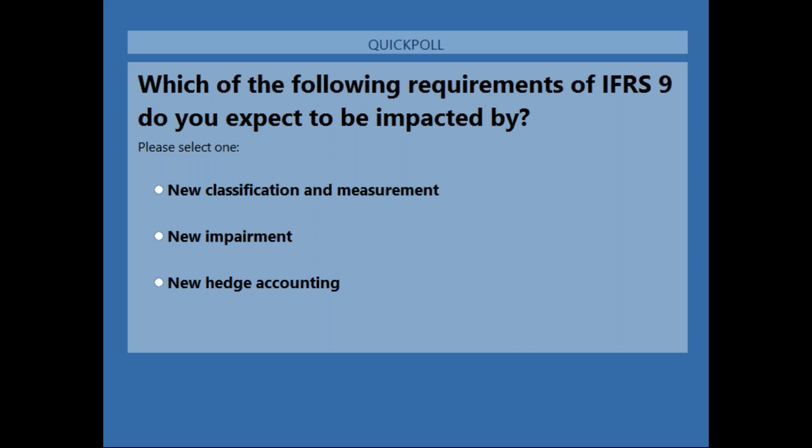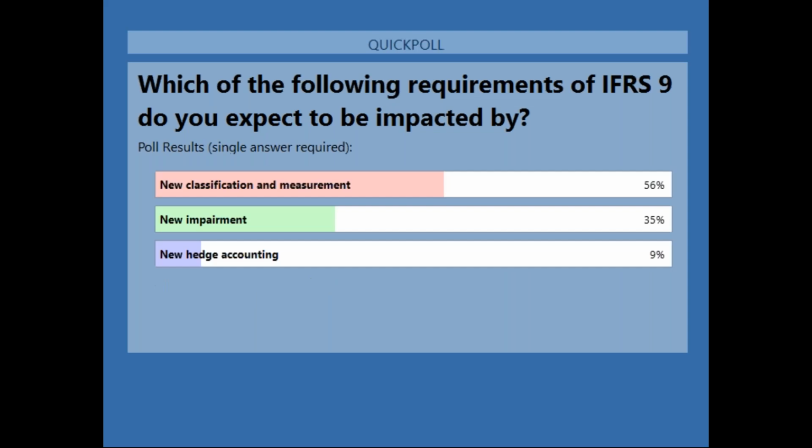So I want to deal with the most common one, which I've hoped for. Otherwise, I've completely missed the boat in my preparation. So there you can see the results: 56% classification and measurement, 35% impairment, and 9% hedge accounting.